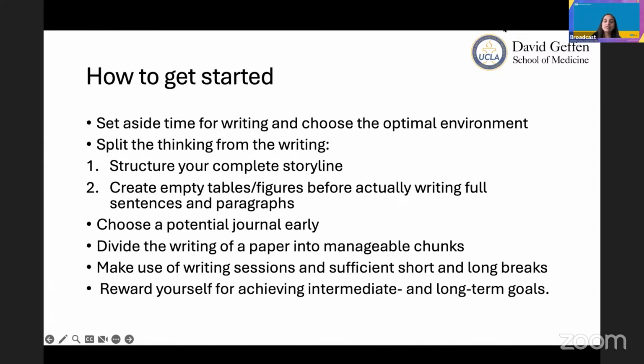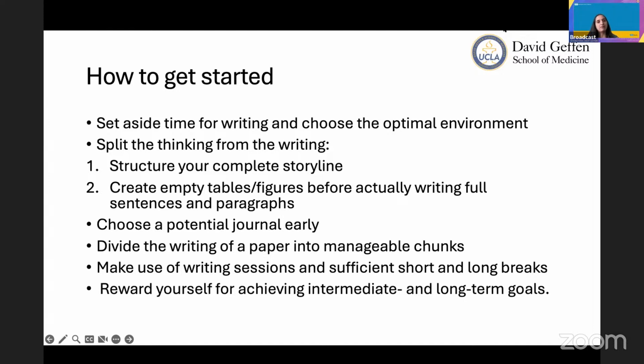It's also interesting that we should think about the journal. As trainees in obstetrics and gynecology, I would recommend that you know your most popular local journals and some of the most popular international journals in obstetrics and gynecology, and then choose a potential journal very early. Have a journal in mind.